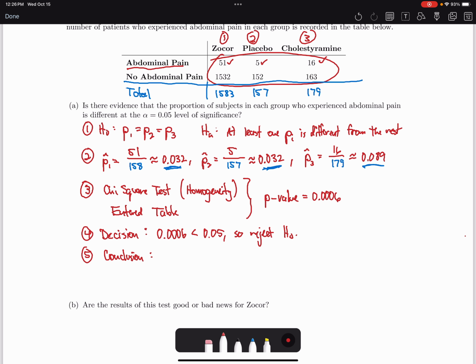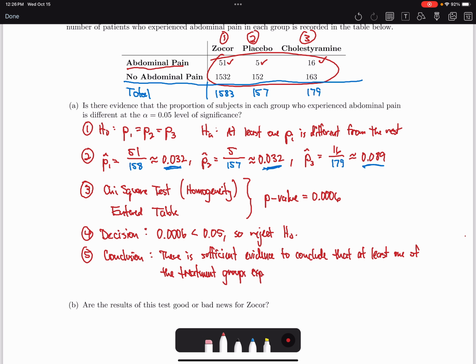Yeah, what we would say is there is sufficient evidence to conclude that at least one of the treatments, or maybe we'll say at least one of the treatment groups, experienced a different rate of abdominal pain than the others.